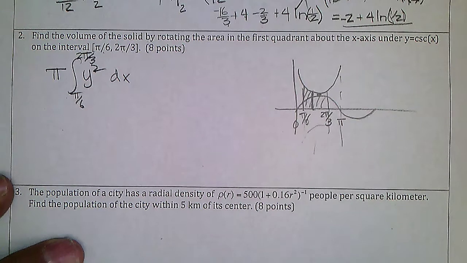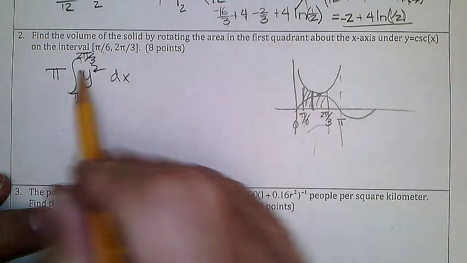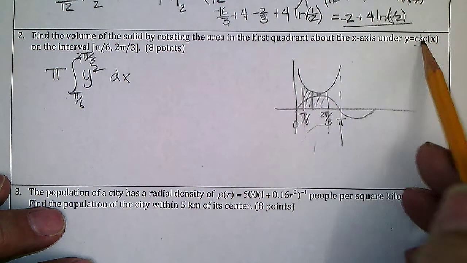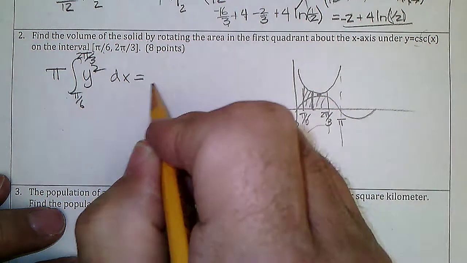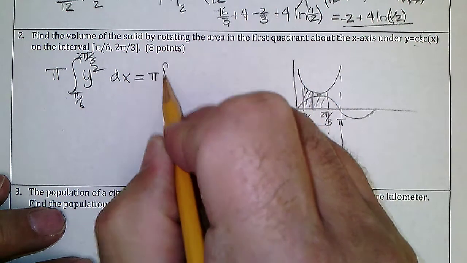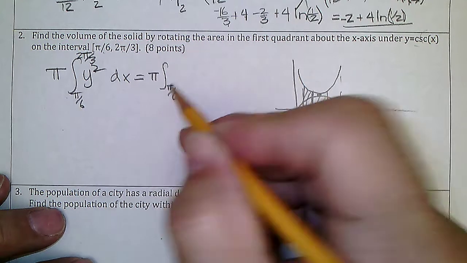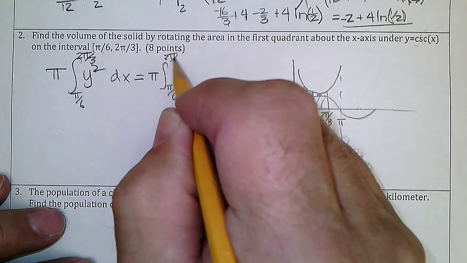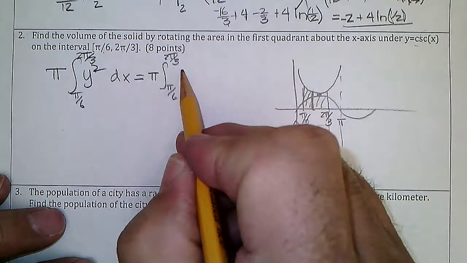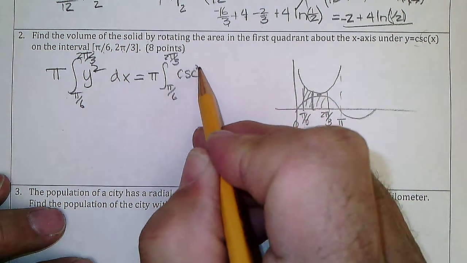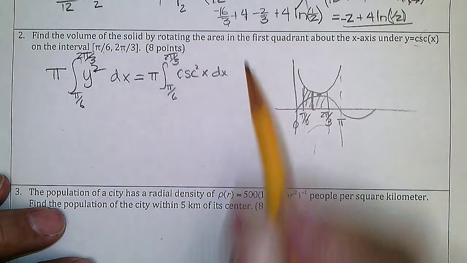And so y is equal to the cosecant of x. So we've got the pi integral from pi over 6 to 2 pi over 3 of cosecant squared x dx.